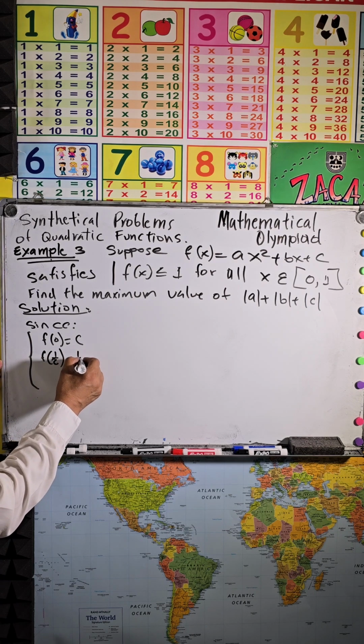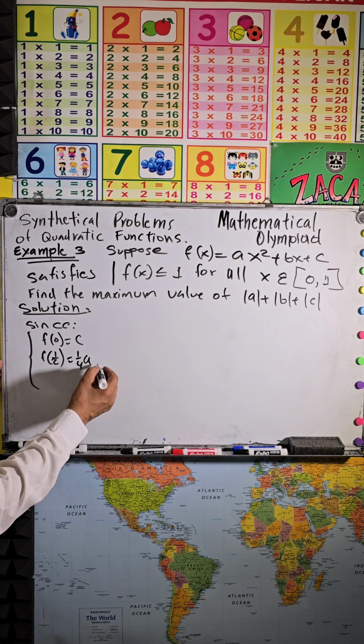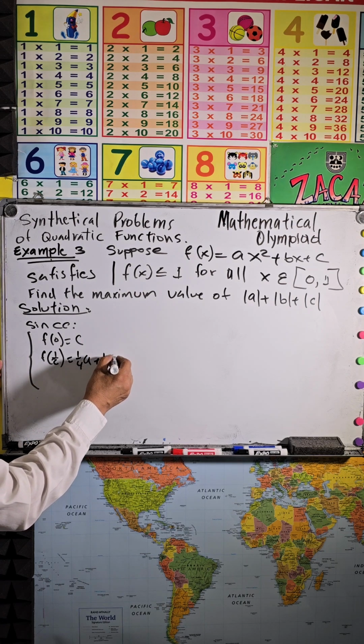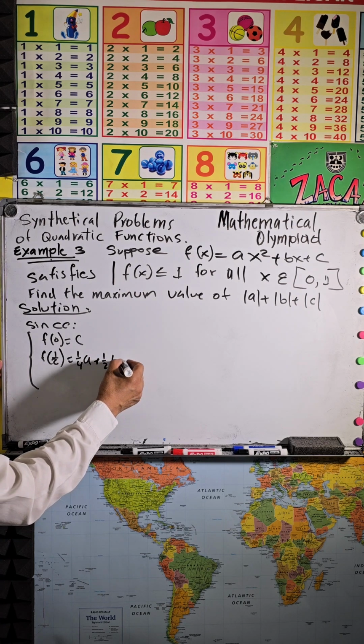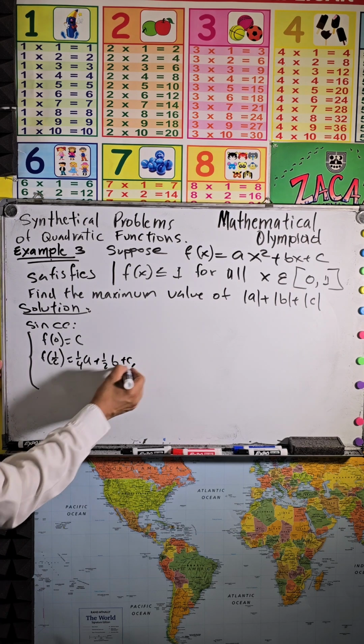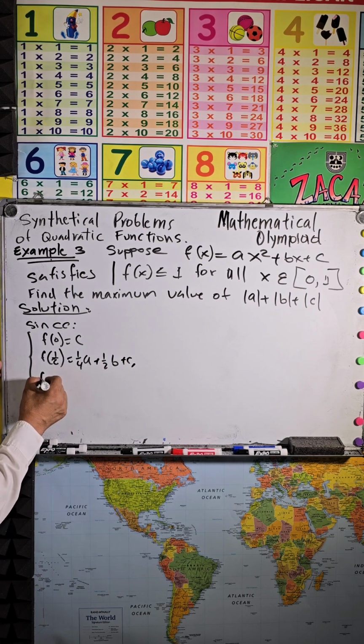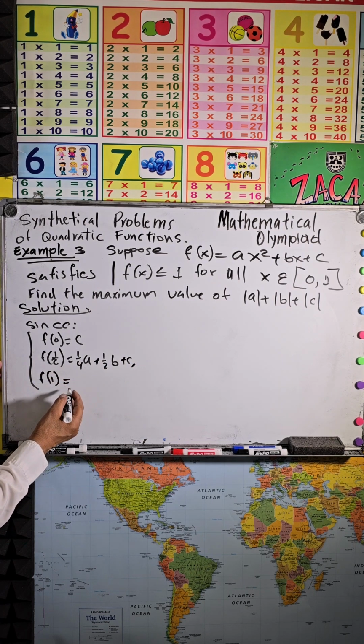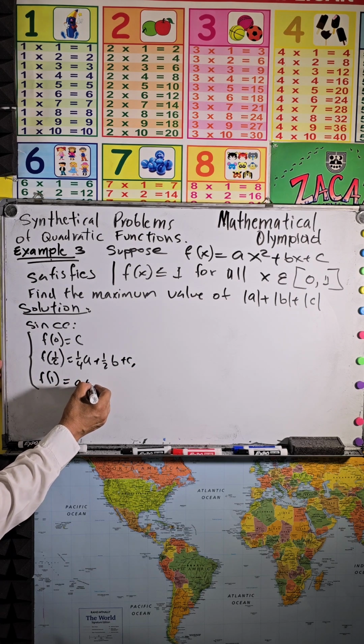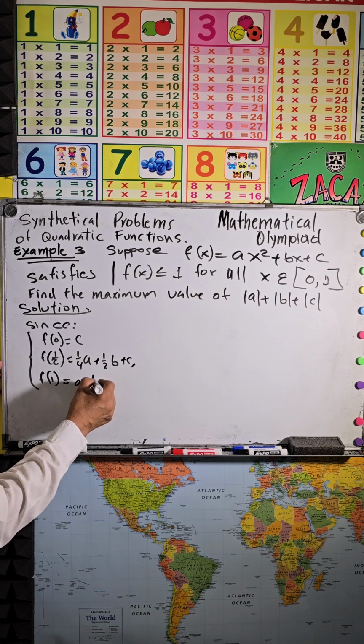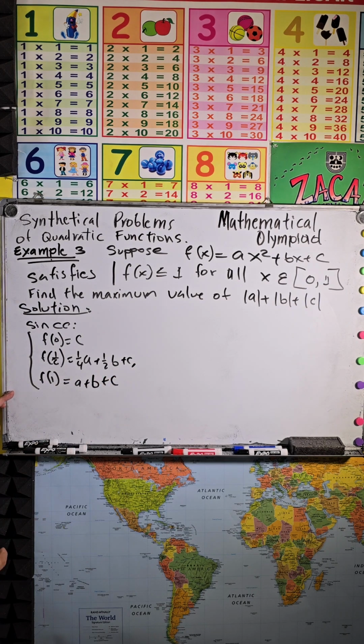So f of 1 half equals 1 over 4, 8 plus 1 half b plus c. And the last one, f of 1 equals a plus b plus c. We need to be very smart in this problem. Now let me write another piece of data here. Look at this. This is very important.